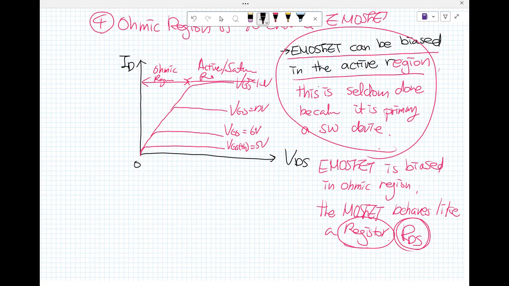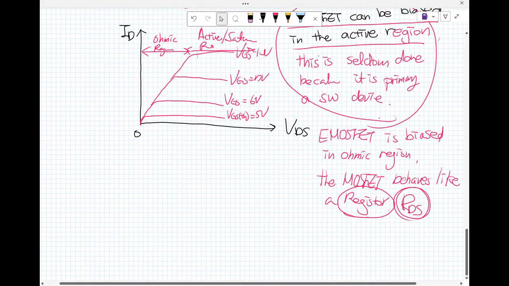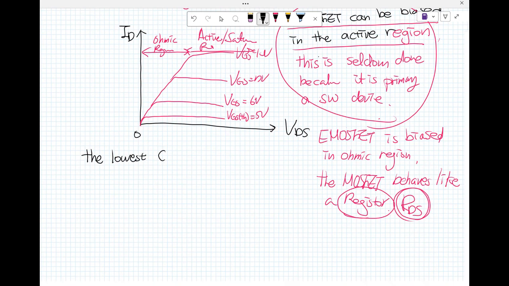So here, the lowest curve of V sub GS in here, 5 volt. That was the threshold voltage to operate a MOSFET.